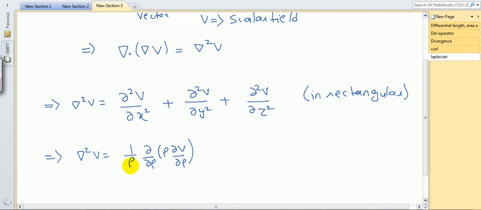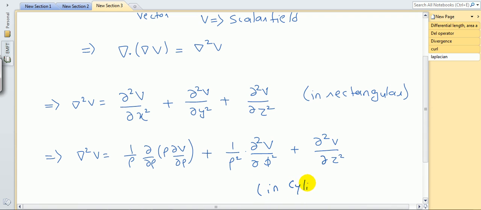The rho term will be multiplied and divided, and it will be inside the differentiation, plus 1 by rho square del 2v by del phi square plus del 2v by del z square. This is in cylindrical coordinates.